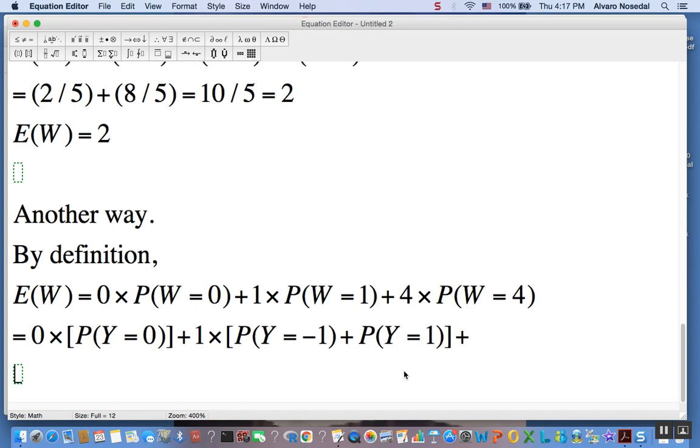So it's going to be 4 times the probability that y equals -2 plus the probability that y equals +2. You guys agree?